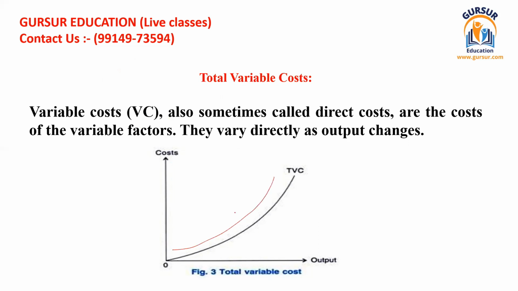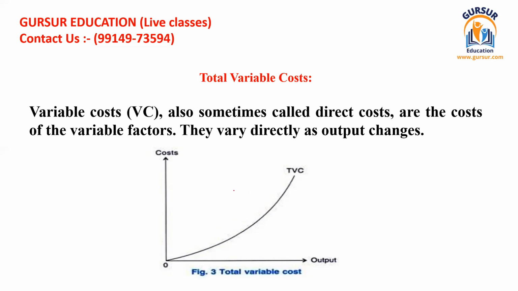Whatever the production you are making, their cost shall vary like this. So when you are producing zero output, the variable cost shall be zero, and as long as you are increasing your production, your total variable cost shall also increase. So this is the curve regarding the total variable cost.